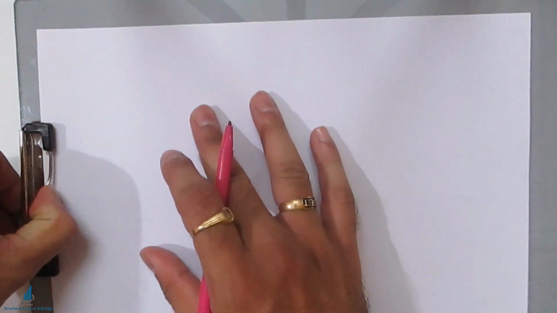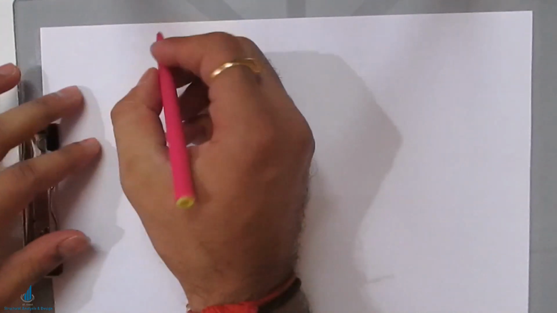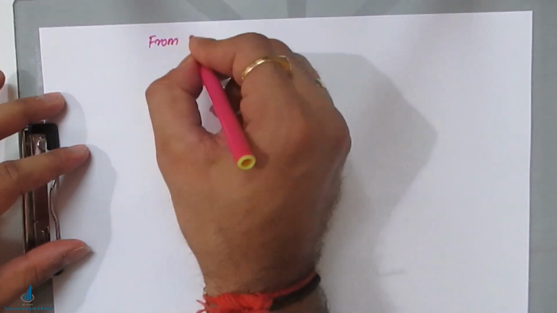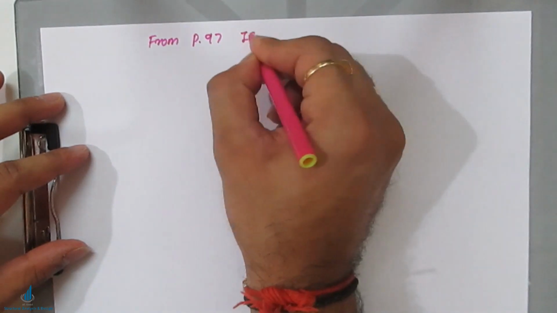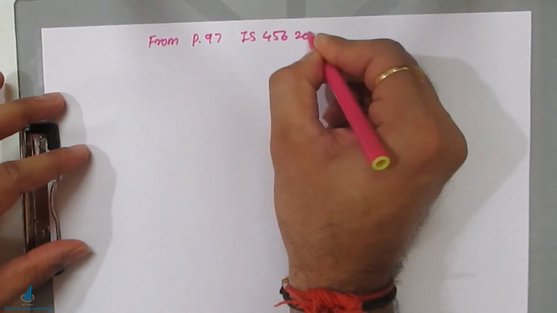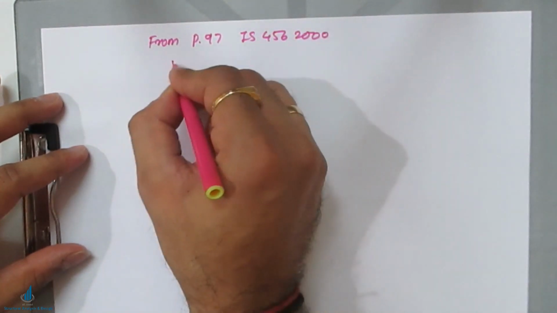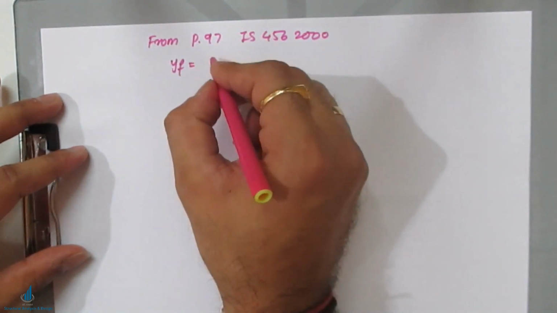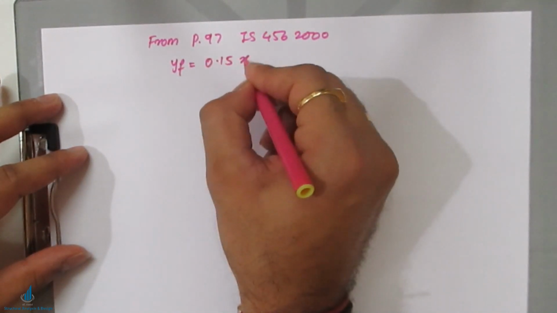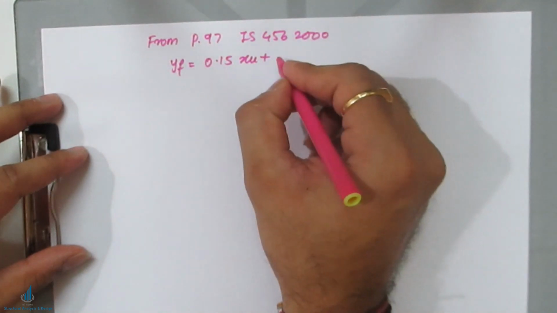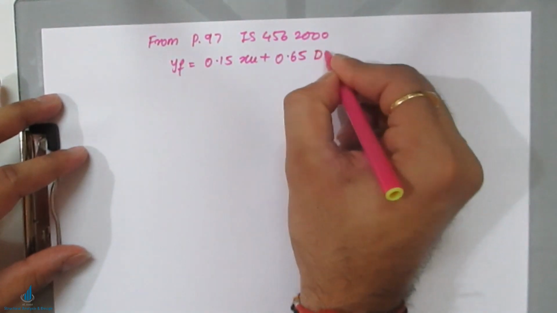So this yf we will calculate first from page number 97. From page number 97, IS 456 2000, yf equals 0.15 xu plus 0.65 Df.